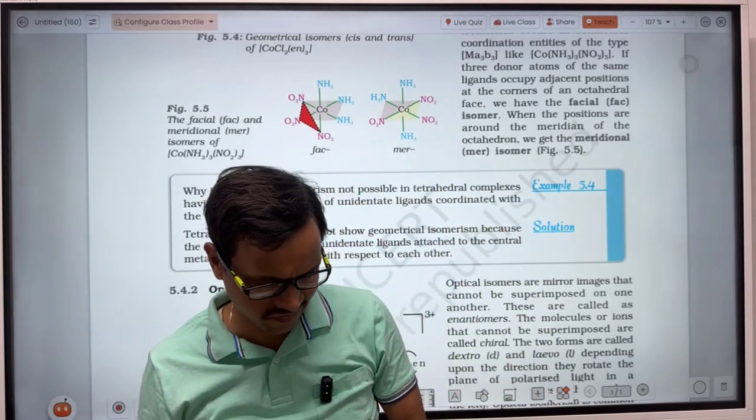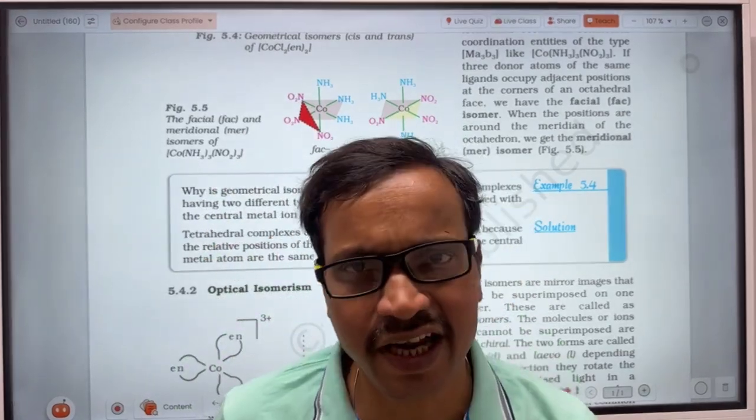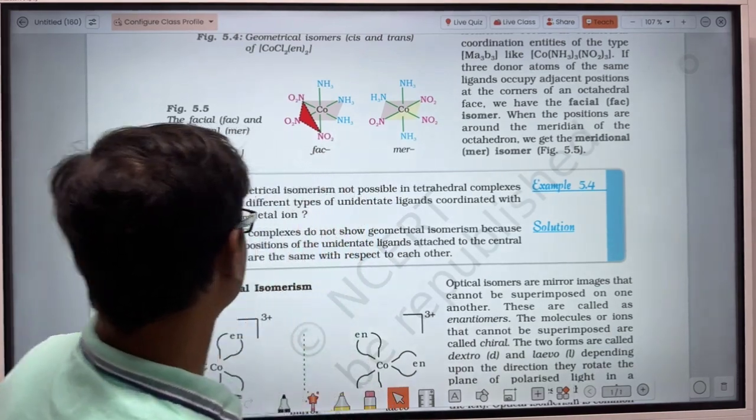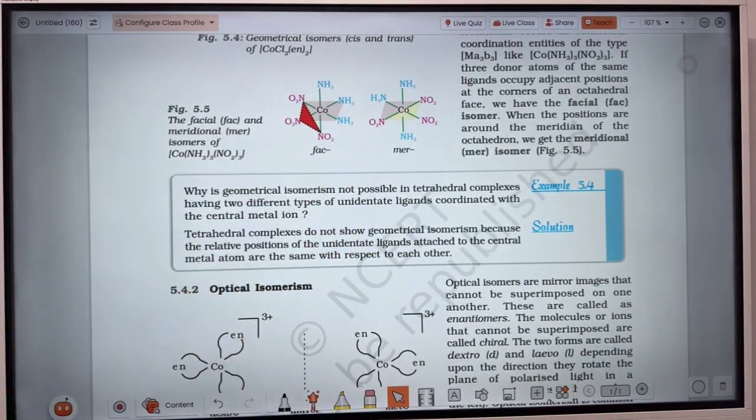So the relative arrangement of ligands around the central atom is the same. That's why the tetrahedral complex does not show stereoisomerism, or geometrical isomerism.